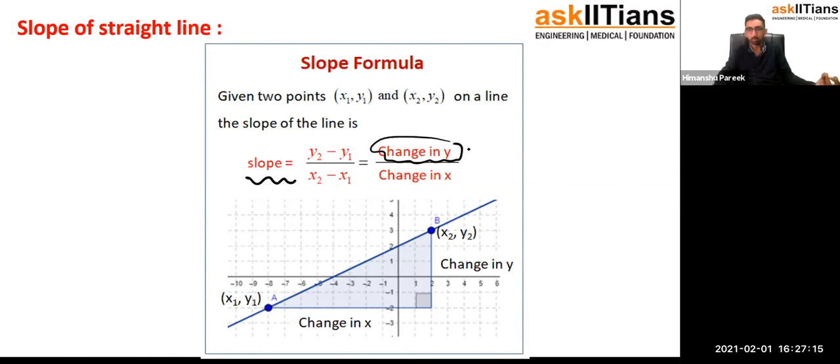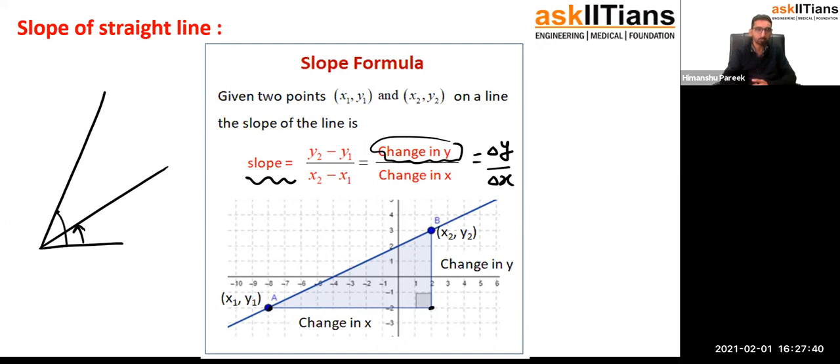It is represented by delta y, which is y2 minus y1, with how much change in x? Delta x, which is x2 minus x1. So this is x2, this is x1. That is the meaning of the slope of a straight line. All right, so suppose you have two inclined planes. You have to climb this one and you have to climb this one.